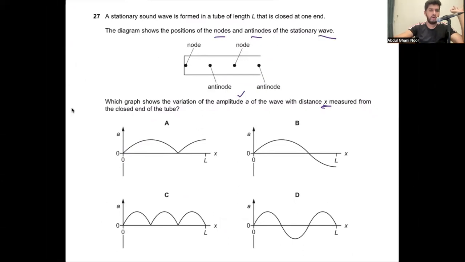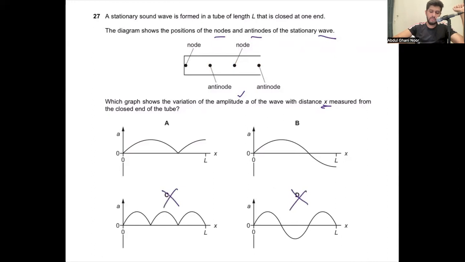Closed end of the tube. तो क्लोज्ड एंड पे हमारे पास शुरू में क्या है? शुरू में नोड है. शुरू में नोड होने का मतलब है कि आपके पास स्टार्टिंग एम्पलीट्यूड क्या होगा? 0 होगा, फिर मैक्सिमम होगा, फिर 0 होगा, फिर मैक्सिमम होगा. It has to end at a maximum amplitude. That eliminates C and D.